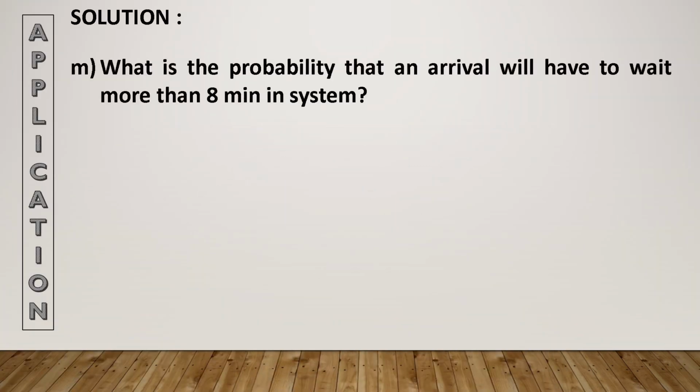And lastly, letter M. What is the probability that an arrival will have to wait more than 8 minutes in the system? We're going to use this formula. P sub W is equal to e raised to the power of the result of mean arrival rate minus mean service rate multiplied by w, or the waiting time. Our w here is equivalent to 8 over 60 hours.